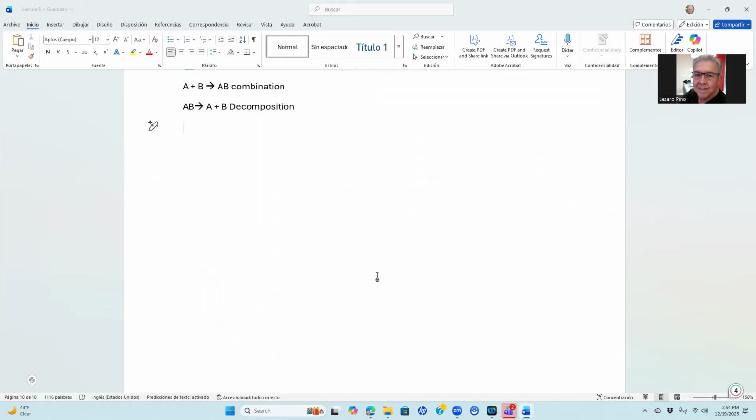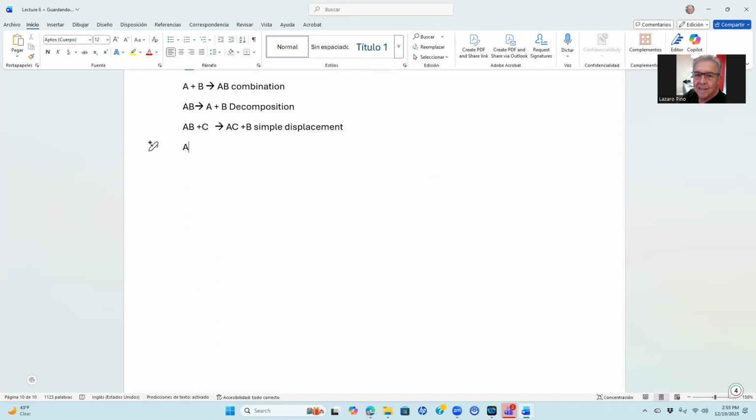If you have AB plus C, and in the products you have AC plus B, what is happening here is a simple displacement, or single displacement, also known.